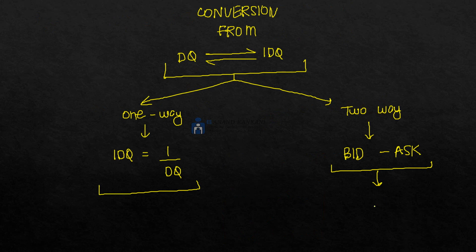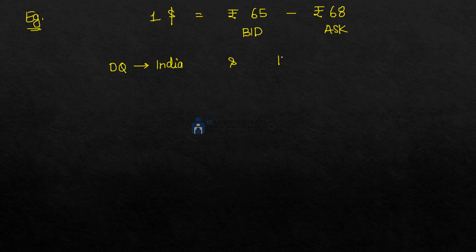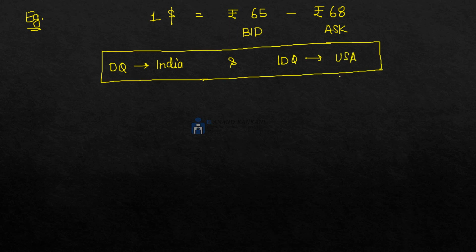Now let us understand how we calculate the direct quote and indirect quote when two-way quotes are given. For example, $1 is equal to, let's say, rupees 65, and here I write, let's say, 68. Now 65 represents the bid, and 68 represents the ask. And this is again a direct quote for India, and this is an indirect quote for USA. Now, a direct quote can be converted into an indirect quote by taking the reciprocal of the bid and ask and by switching their positions.